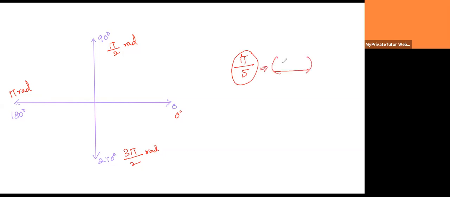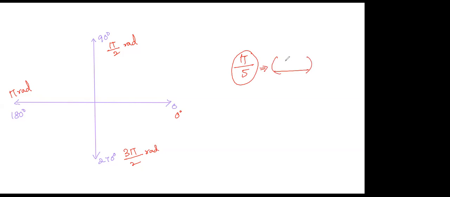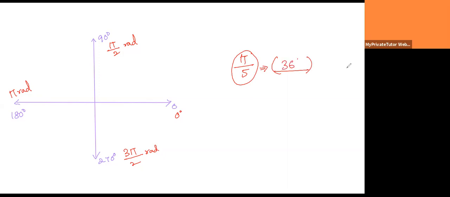If you convert, you will get 36 degrees, so this comes under the first quadrant. Then, 2 pi by 3: which quadrant does it come under? Sometime back you converted it, which is 120 degrees, so it comes under the second quadrant.